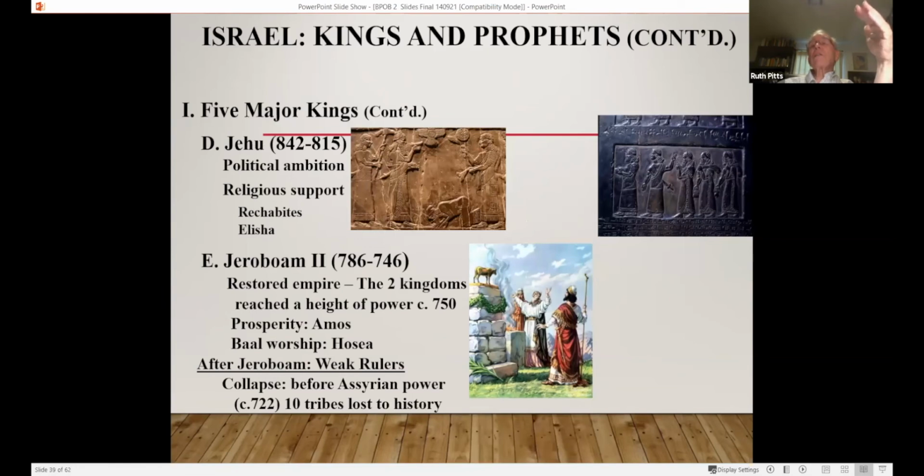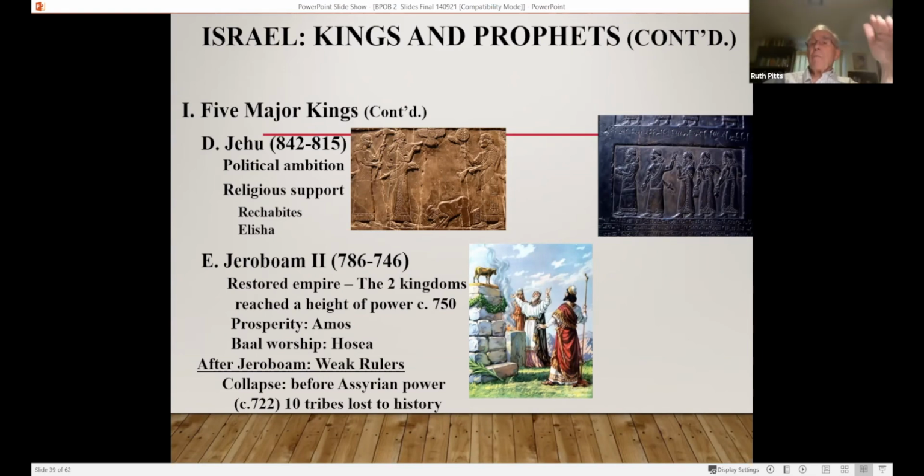Ahab married Jezebel as well, and so that will be a problem for the prophets. Jehu is the fourth. He leads this revolution against the house of Omri and has support from Elisha, the Rechabites, and others. Jeroboam the second is the fifth, and one of the more important rulers here.